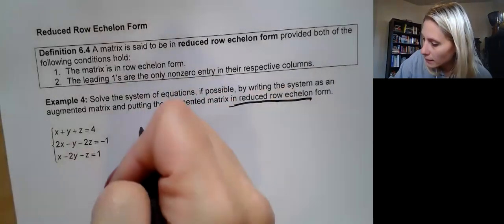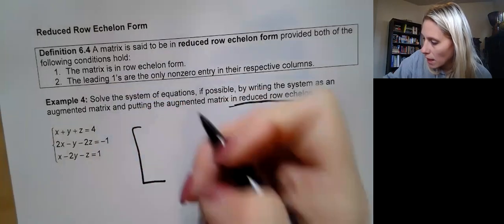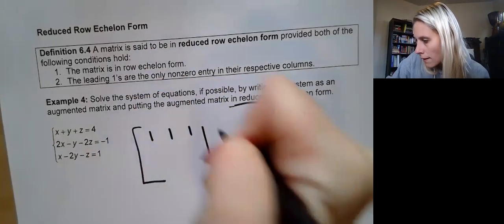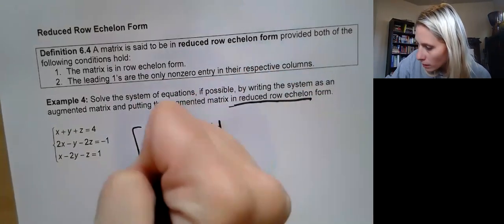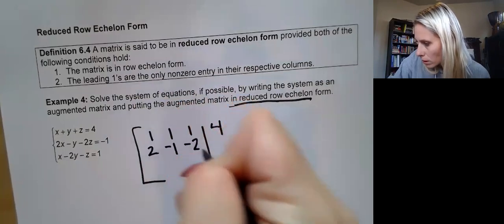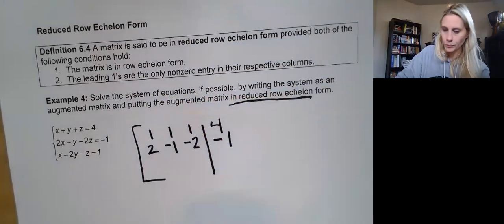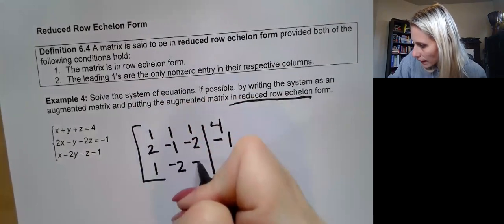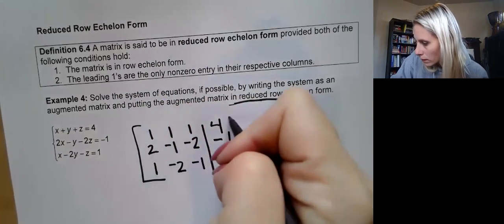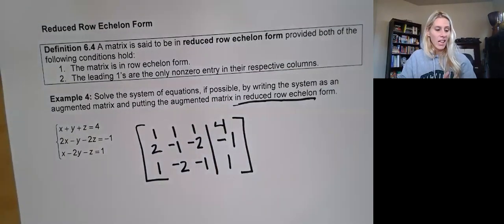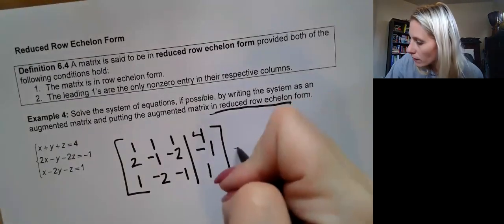So let's write the augmented matrix. So 1, 1, 1, 4, 2, negative 1, negative 2, negative 1, 1, negative 2, negative 1, 1. Okay, do we like the first row? I like the first row. What are we going to do with the second?